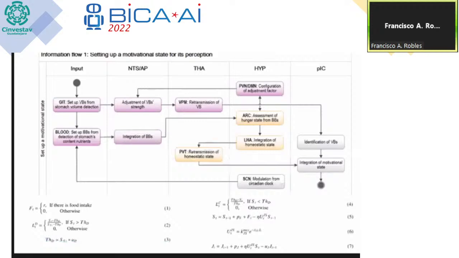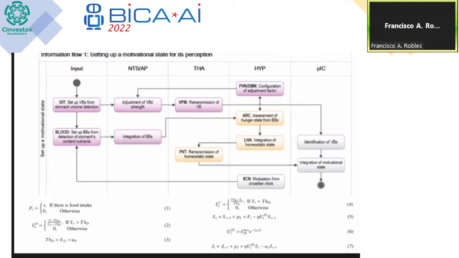To set up a motivational state, it all starts by the detection of visceral and bloodstream biomarkers in the GIT, equations 1 to 7 in the slide, and the blood, which are signaled in equations 8 to 15 in the next slide.